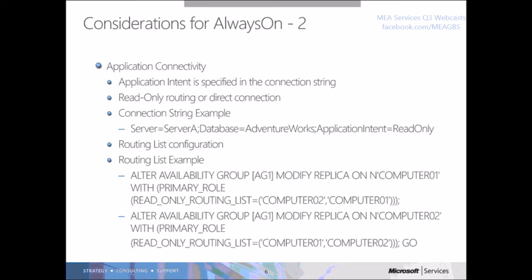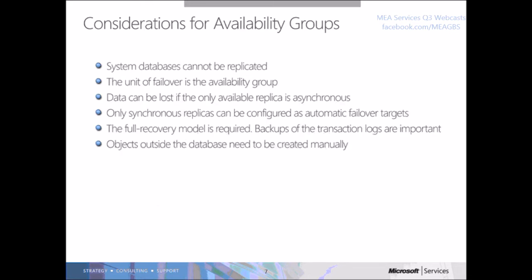Right. Now, when we talk about some considerations of availability groups, we talk about things that you can or cannot do. For example, the first thing you cannot do is that system databases cannot participate in AlwaysOn groups. The other point you need to remember is that they all fail as a group, so all databases within one particular AlwaysOn group will fail over or fail back together.